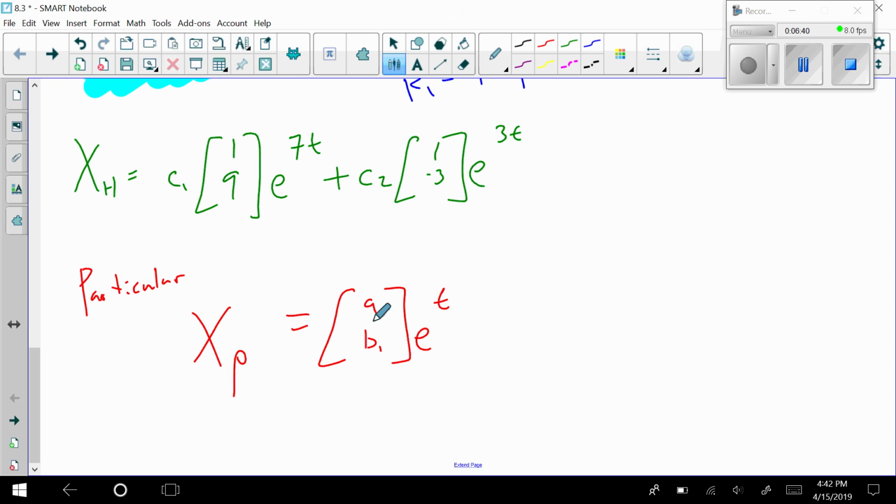Because how else would I get those? Which here is really simple. If I were to take the prime of my particular there, I would still just have a sub 1, b sub 1, and e to the t, because this e to the t doesn't have anything more than a 1 up here.